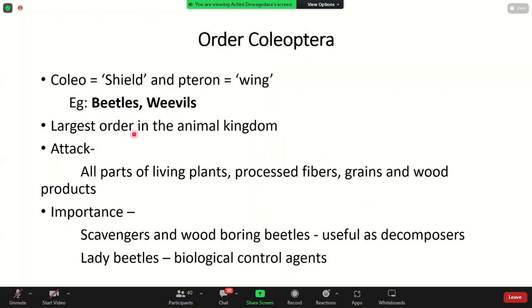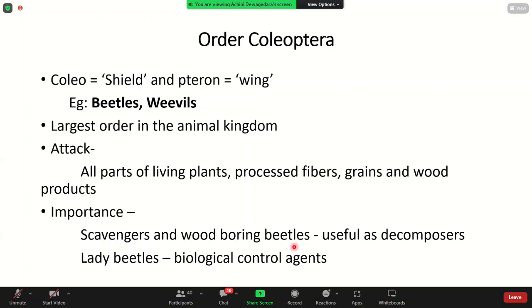When we talk about beetles and weevils, they generally attack all parts of plants. Not only plants, but fibers, grains, wood products, all the things that we have at home, they damage them. They also act as scavengers and wood boring beetles.